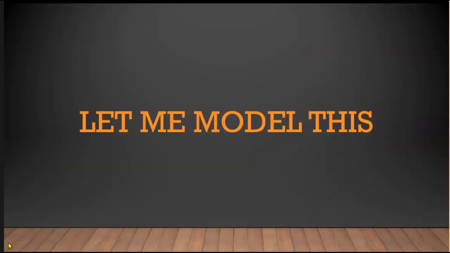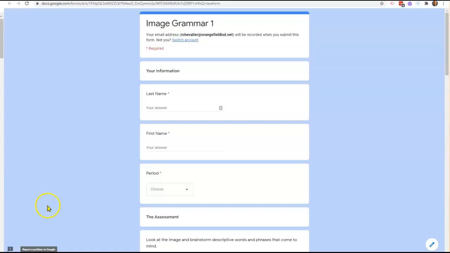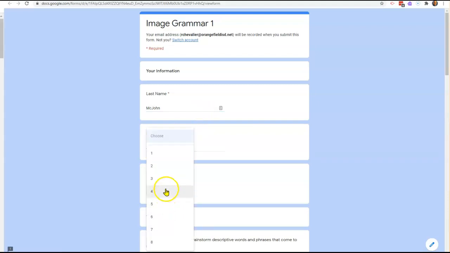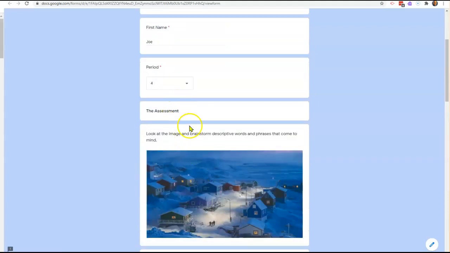So let's take a model of this. So this is our first image grammar. And of course, I'll start with my name. If I'm a student, we'll have our student Joe McJohn, my infamous student, class period.